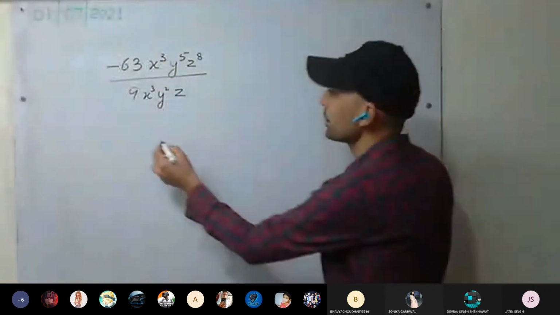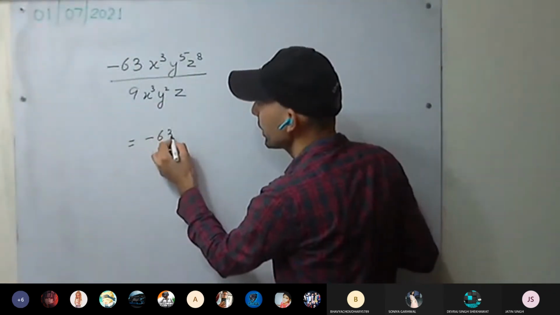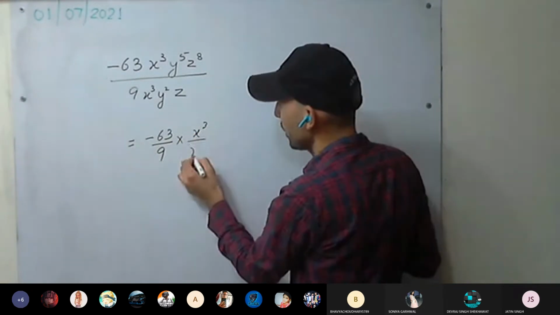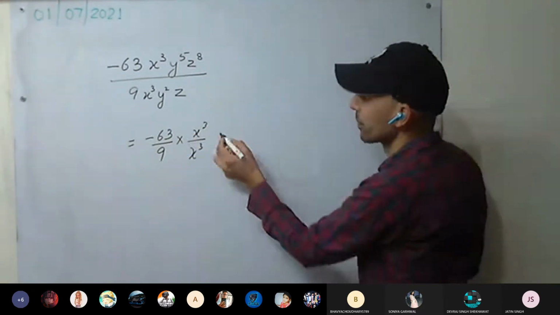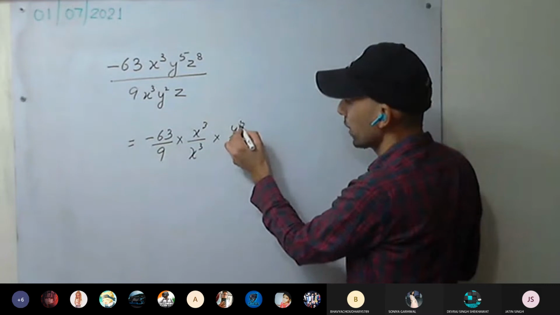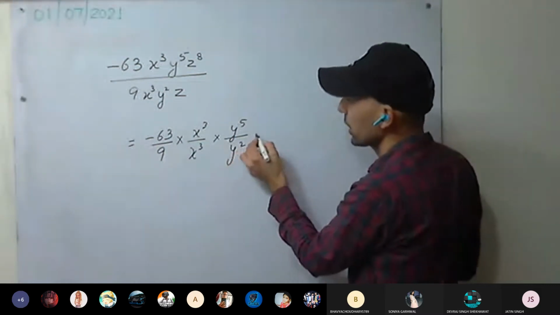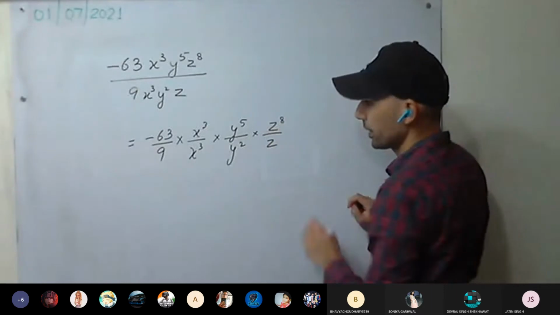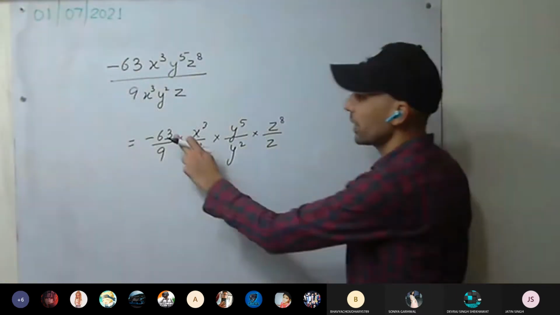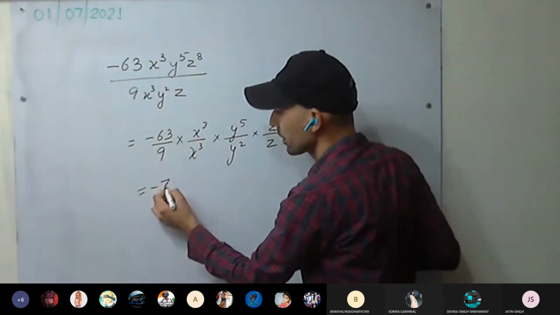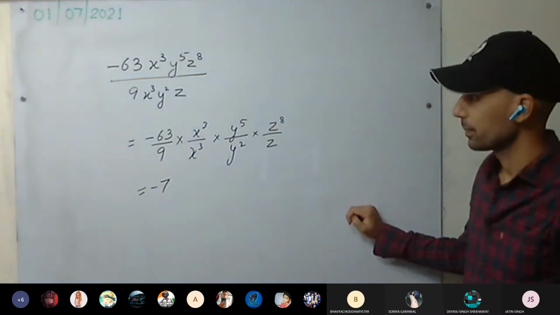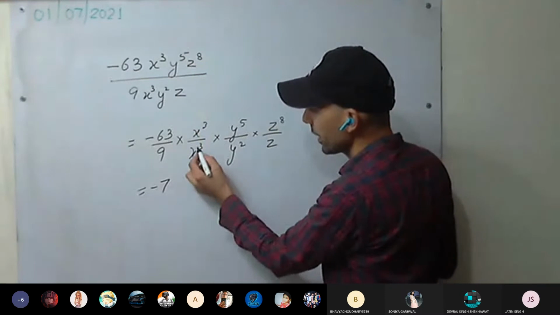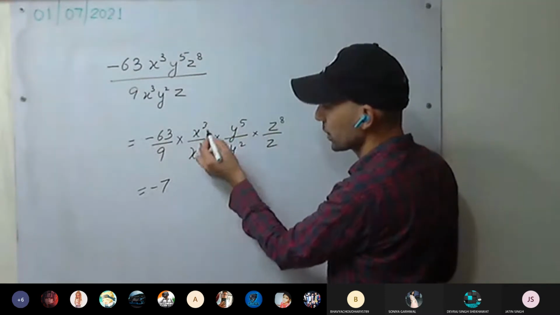Now separate them. So minus 63 divided by 9, x cube divided by x cube, into y raised to power 5 divided by y square, into z raised to power 8 divided by z. Okay. So what will be the answer here? Minus 7. X cube, they get cancelled, or you can write x raised to power 3 minus 3. That is x raised to power 0.